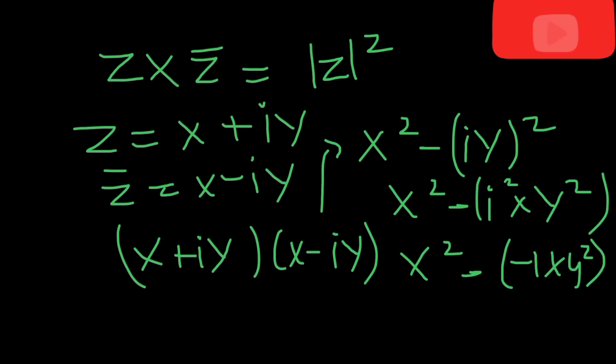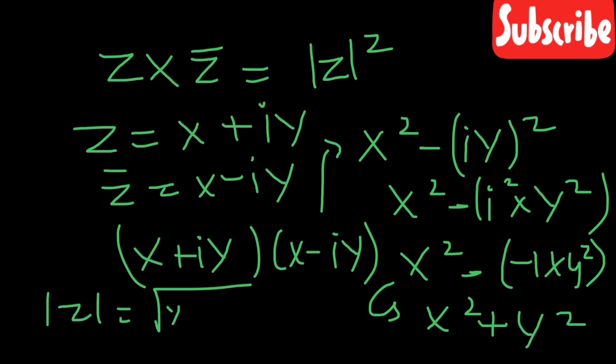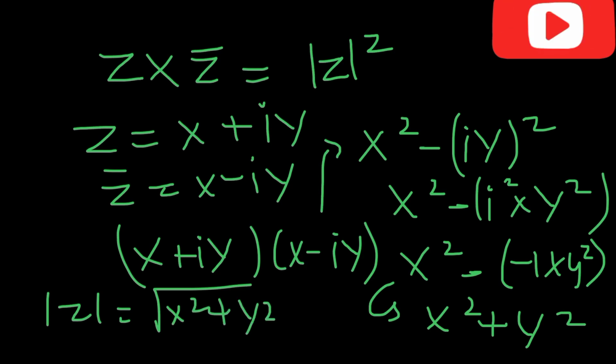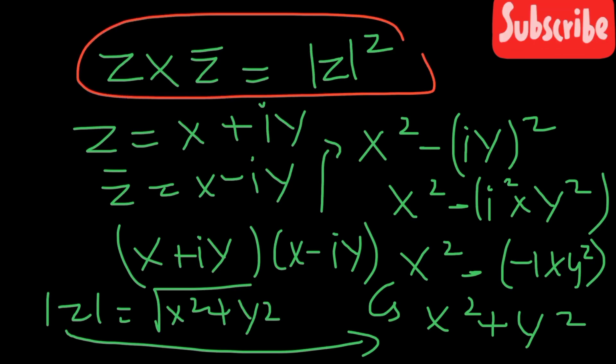So now what is this? This is x square plus y square. And we have read that mod z is equal to root over x square plus y square. And on squaring mod z, I get this quantity again. So guys, please do remember this property. It is very important. Now, if someone asks you, by using this knowledge, you can convert mod beta.